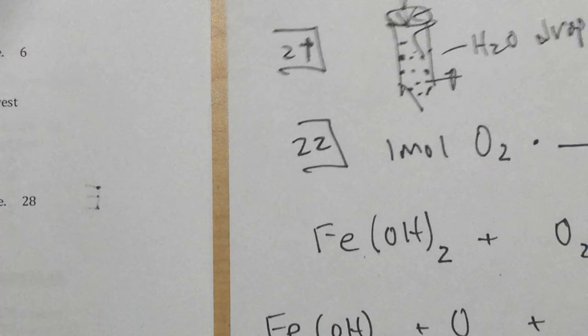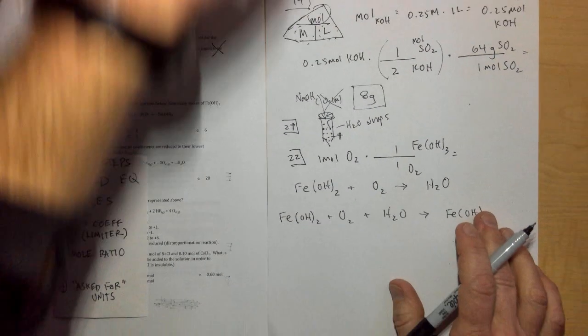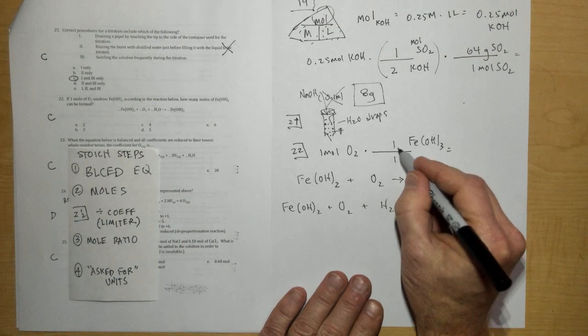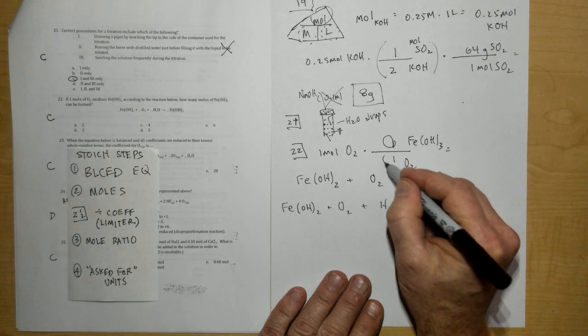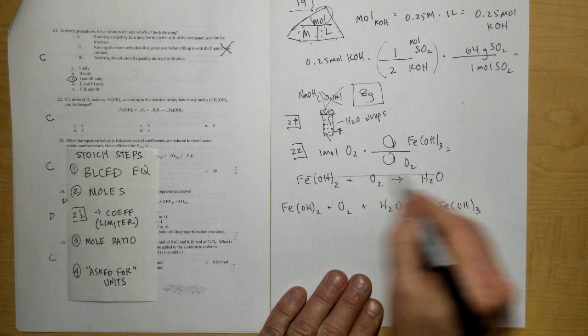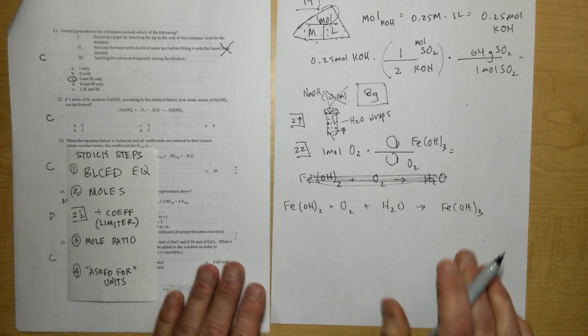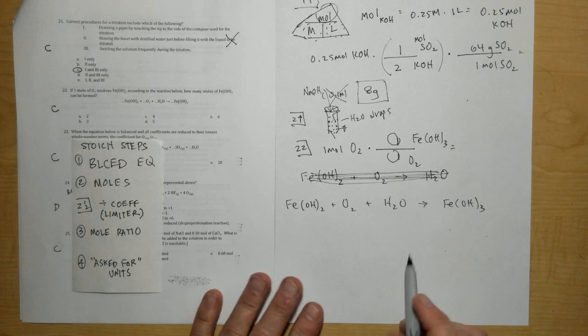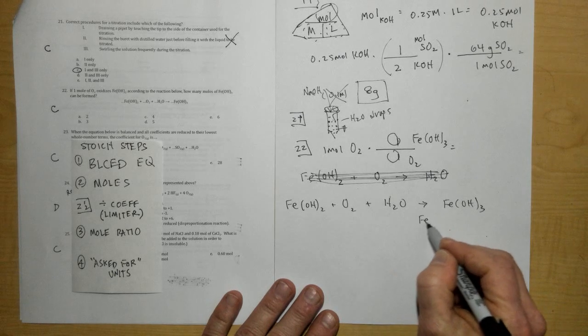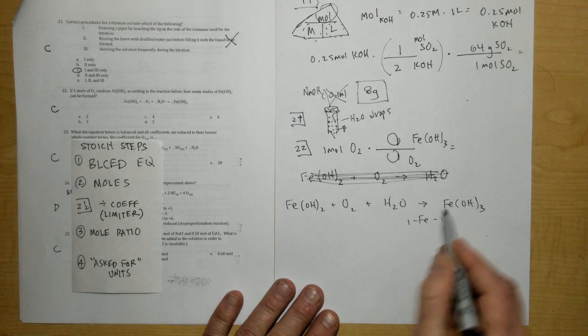Okay, now I'm going to zoom back out here, and I'm going to go back and just restart the whole thing, because my mole to mole ratio here I can't know until I balance the chemical equation correctly, and I apologize, I couldn't see the equation quite good enough. Didn't realize that it wasn't balanced right away. So let's make an atom inventory. I have 1 iron and 1 iron.